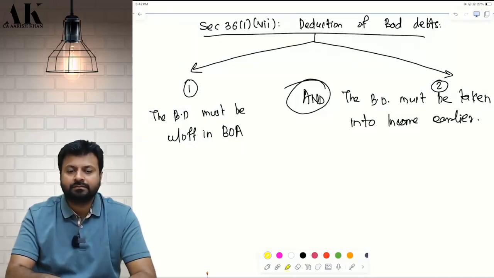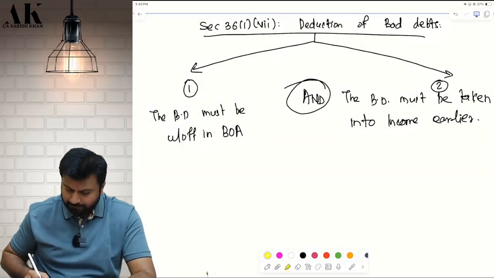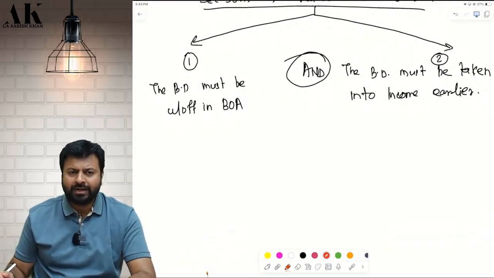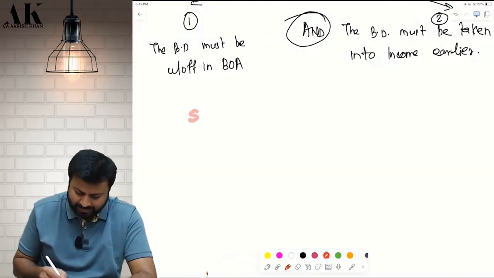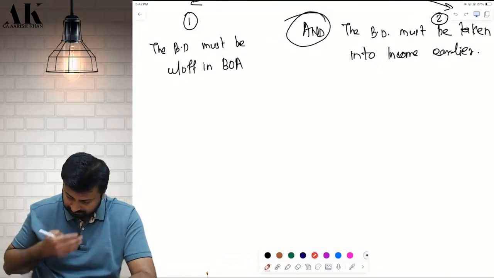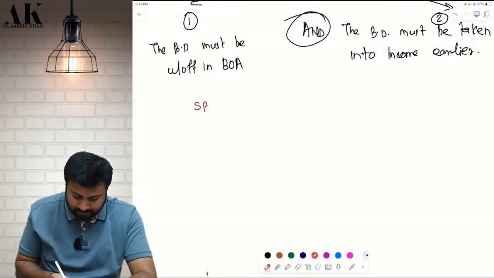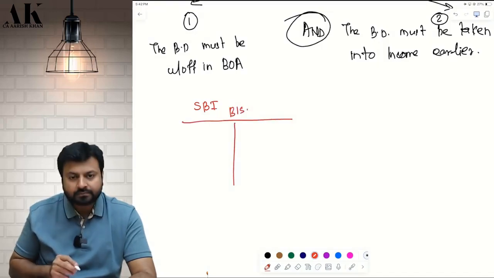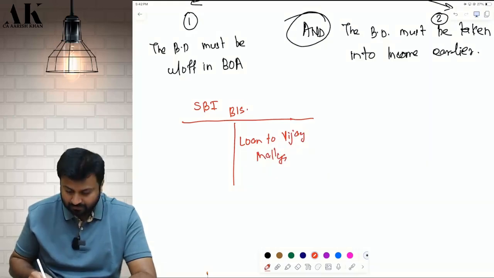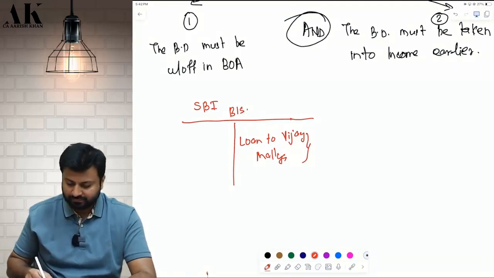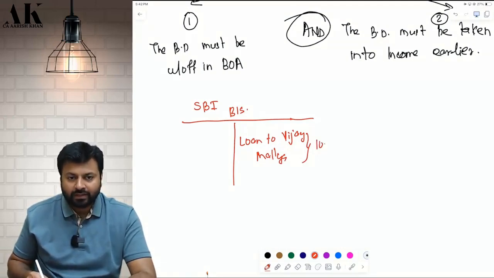Next. For banks and financial institutions, the government has given some relaxation, which is very much necessary. Listen carefully. Suppose this is SBI, and this is SBI's balance sheet. Suppose SBI has given a loan to our beloved Vijay Mallya of 10,000 crore.